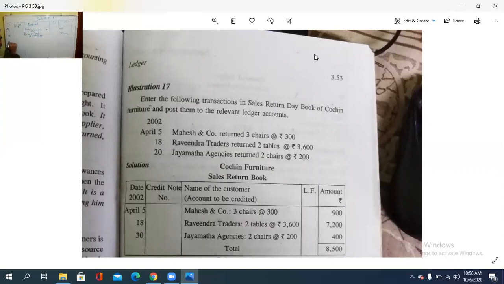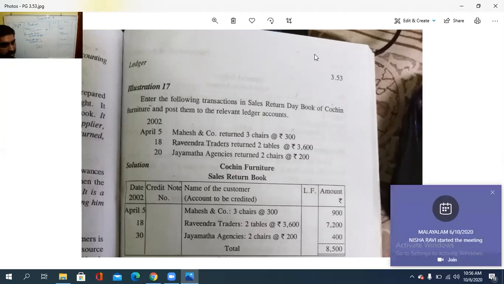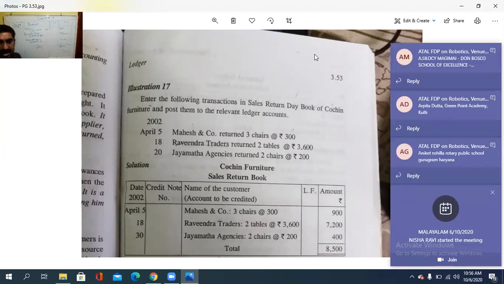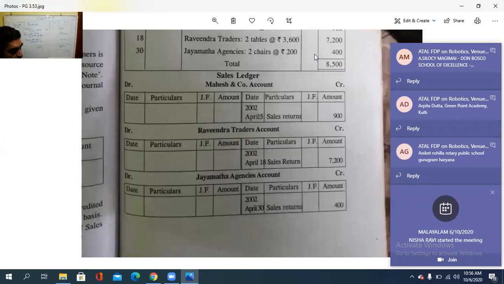Next, 20, Jayamada Agencies returned 2 chairs at the rate of rupees 200. So it is 400. Take the total. How much? 900 plus 7,200 plus 400, 8,500. So this is the amount with regard to the sales returns day book.